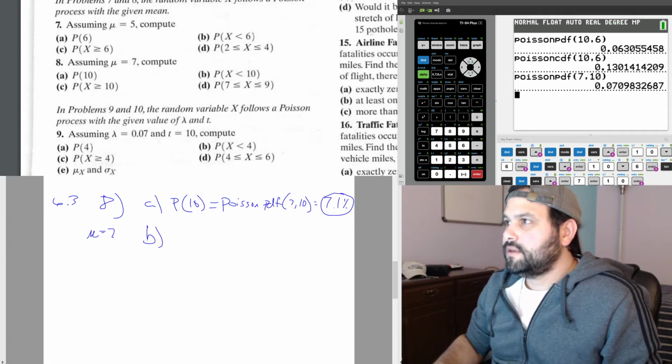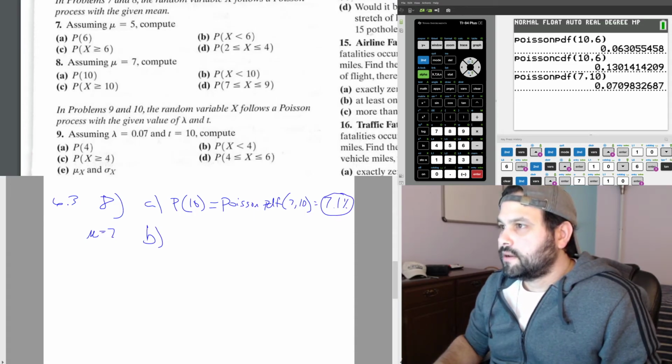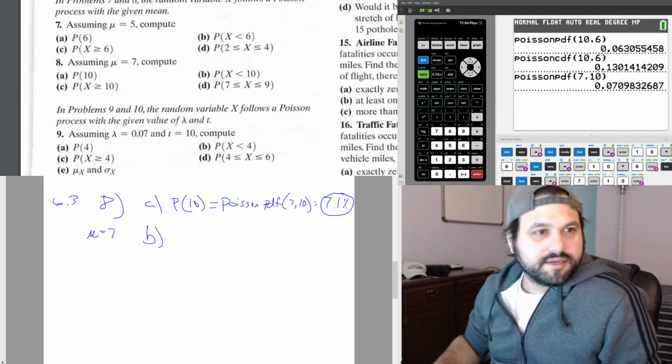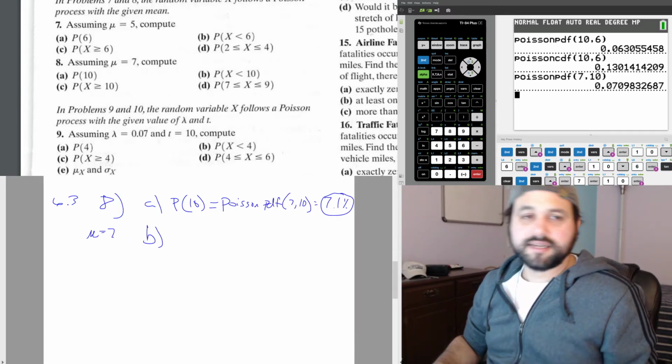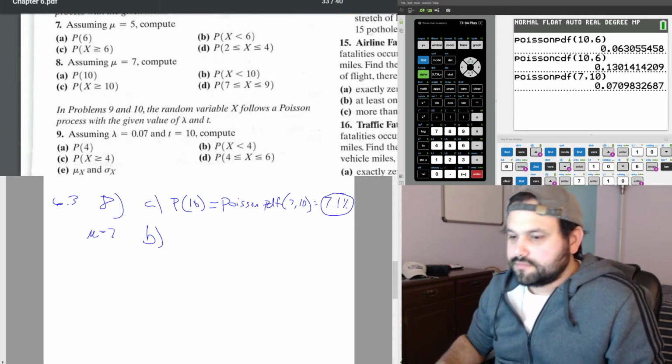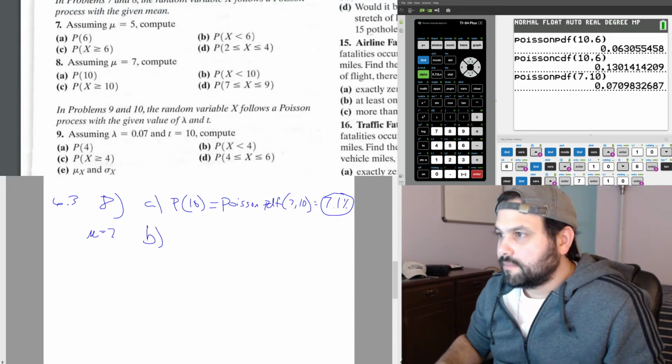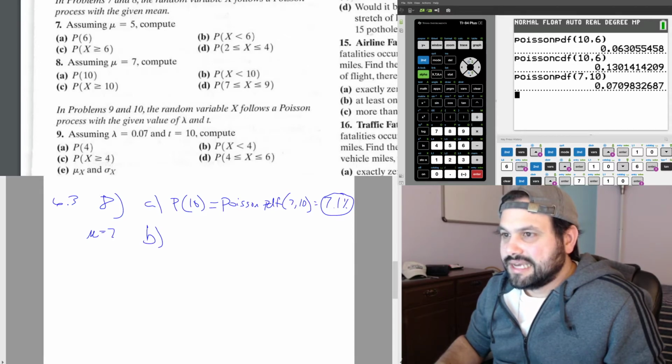For part B, you guys can still see this, right? Yep. Part B says x being less than 10. So what are we going to do here? Well, we're going to do CDF.